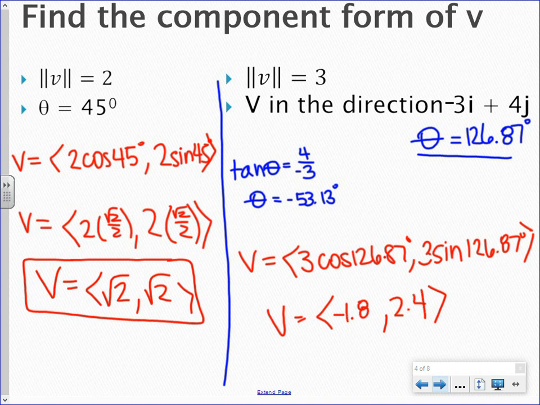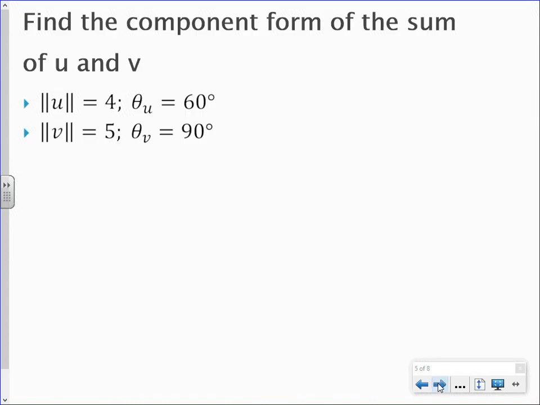All right. Next, we're going to put another twist on it. Now I'm giving you the magnitude and direction of two vectors, vector v and vector u. And I am asking for the component form of the sum. Okay, so write down the information that you need.